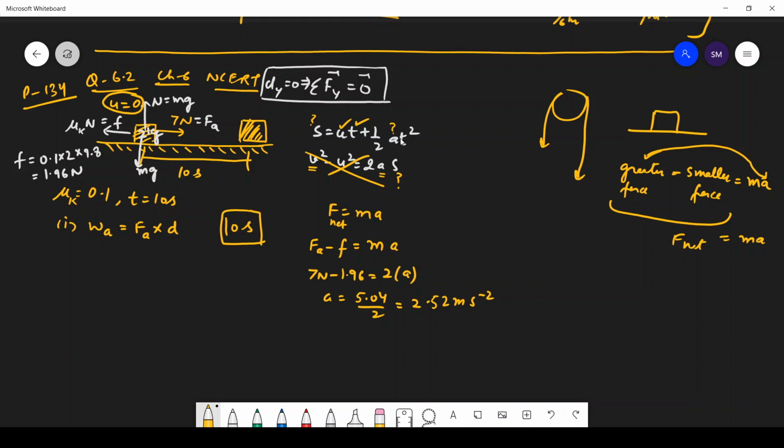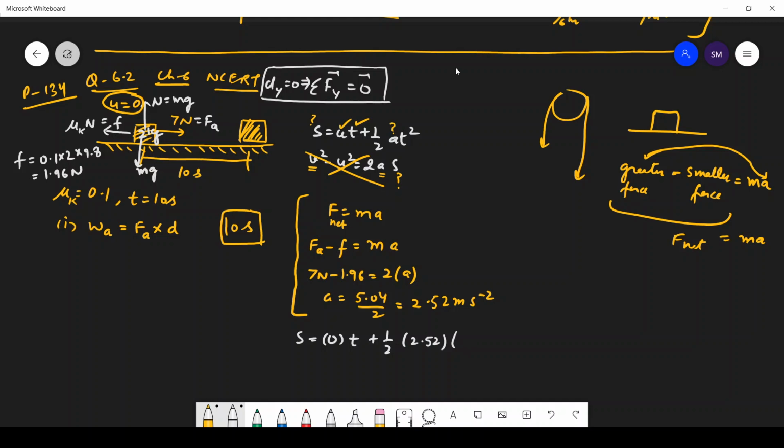Now put this acceleration in this formula. So putting the acceleration in this formula, I get s is equal to, so u is 0, plus half into acceleration, 2.52, and what's the time? 10 seconds.